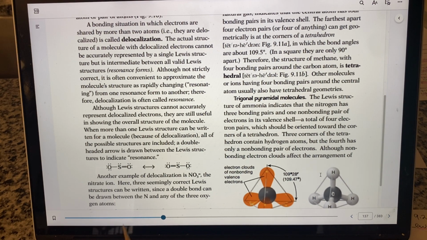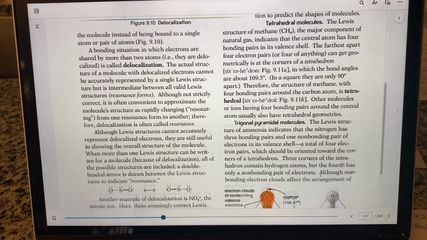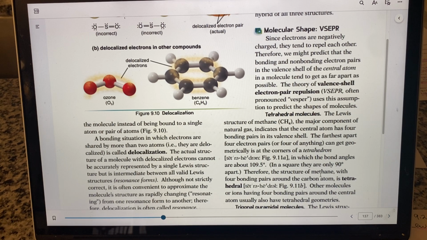If you have an arrow, that means it can look like this or it can look like this. And that's the same for down here. You see what that arrow is? It's a resonance form. It could look like that, it could look like that, and it could look like that, depending on where those delocalized electrons are. They're just free-flowing electrons in there, like electricity.